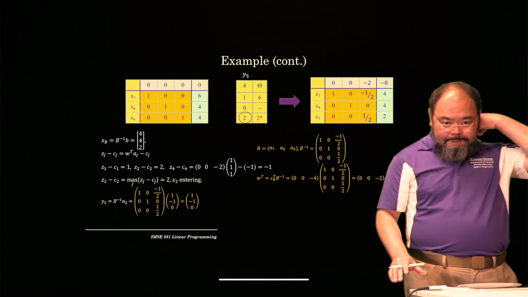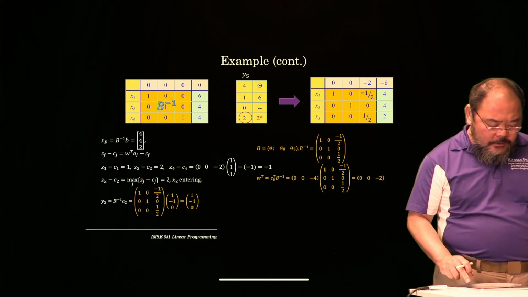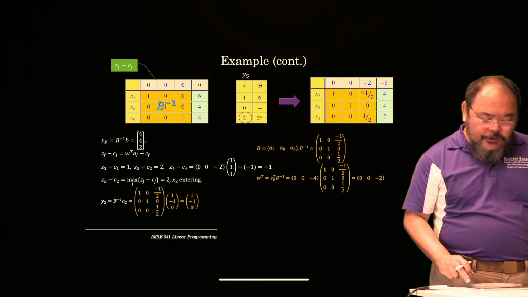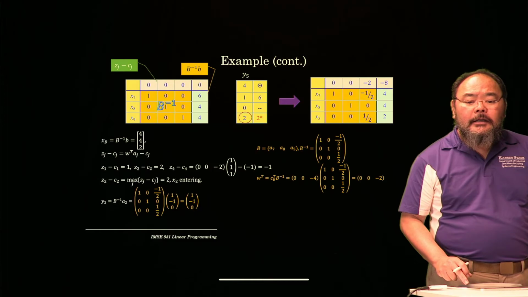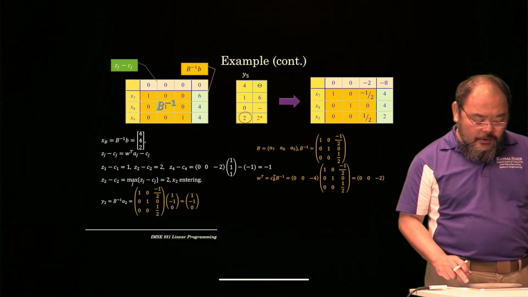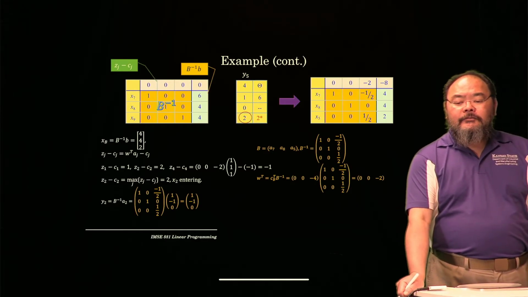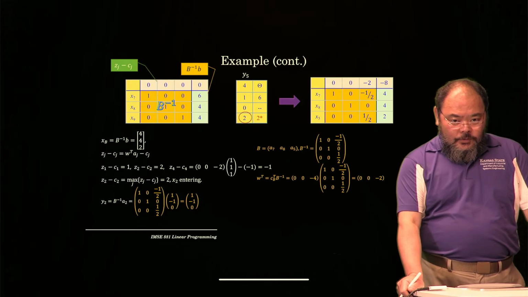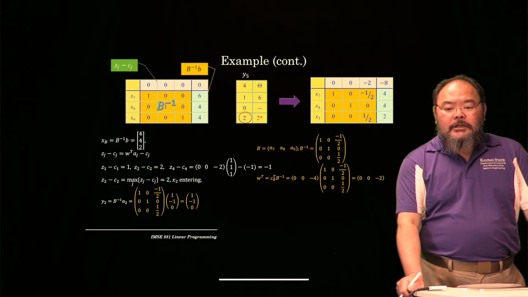Next step, the same table as before: B inverse, Zj minus Cj, the right-hand side, and in the upper right corner the current objective function, which is 0. Since we are adding x5 as the entering variable, we need to do a minimum ratio test to decide the leaving variable.